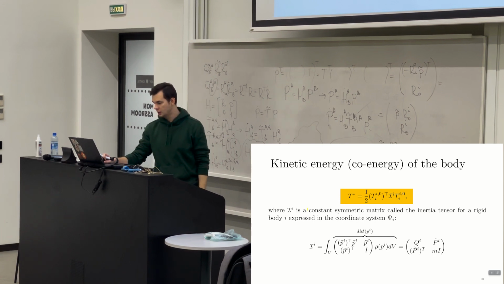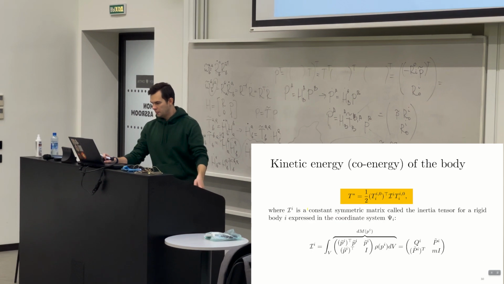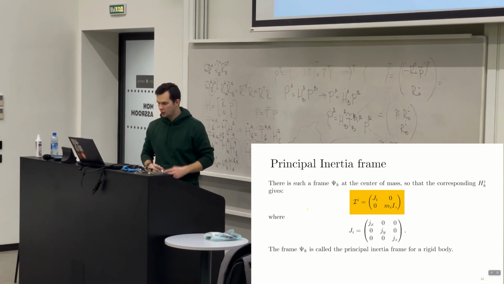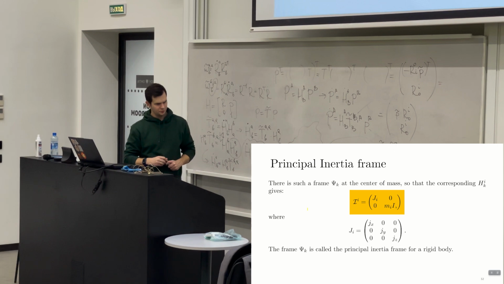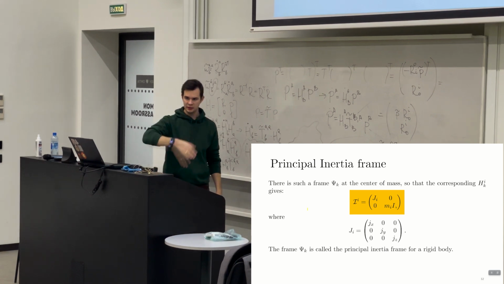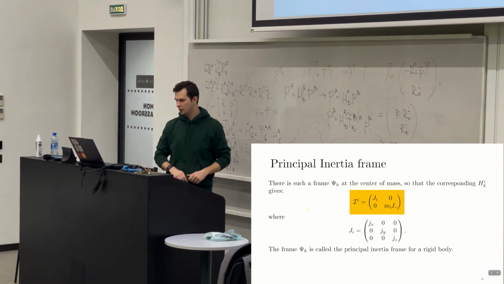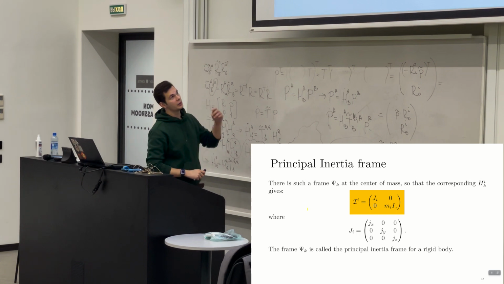And if we make the correct choice of the frame, we'll choose the center of mass. If we do the right thing, we'll have only components on the main diagonal, and we'll have the components for the moment of inertia.